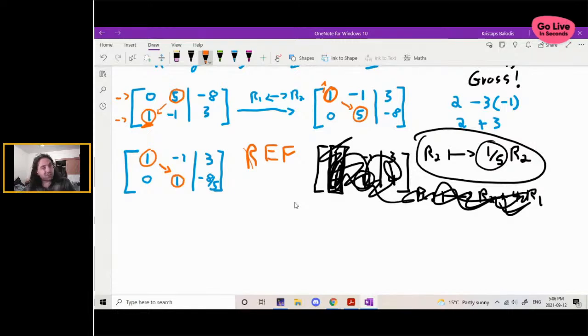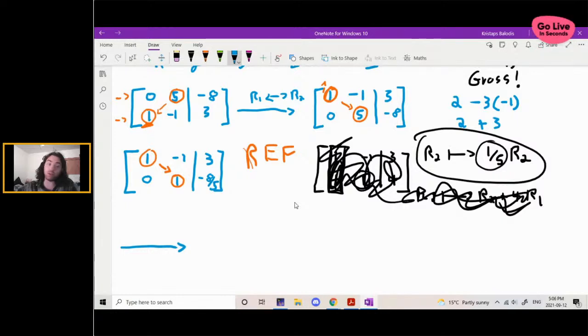But again, if you get a system with more variables, the difference between row echelon form and reduced row echelon form becomes a lot bigger. So we do want to try and do something to reduce this to row echelon form. Sorry, reduced row echelon form.